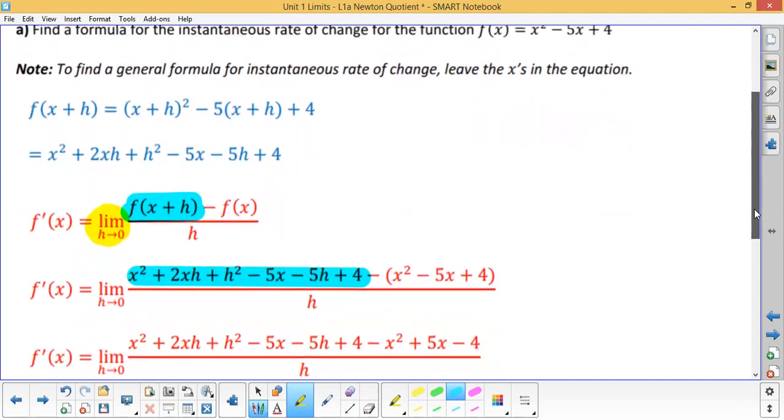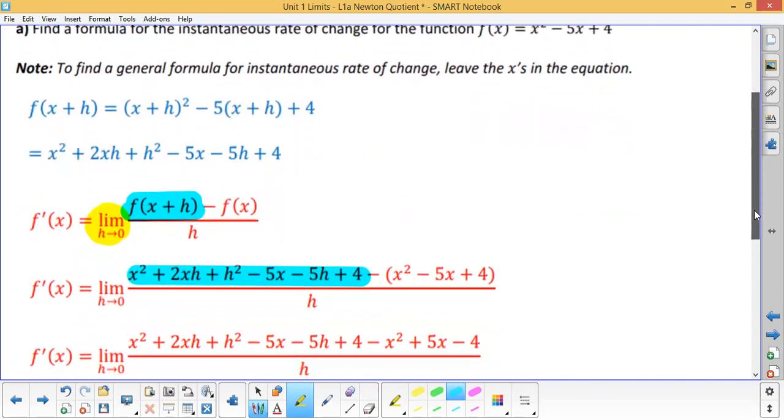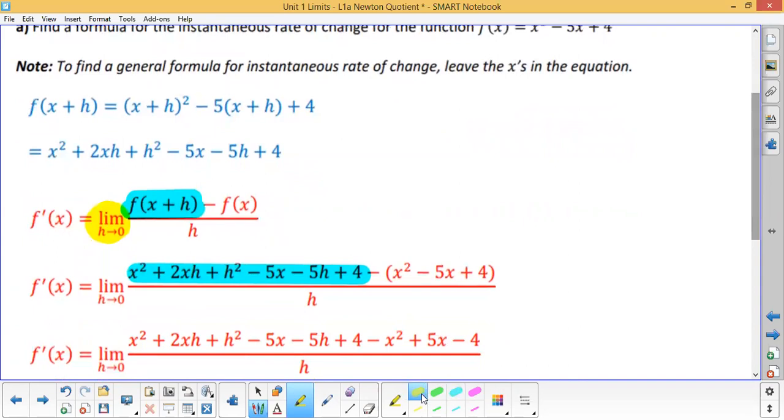So once we've simplified that part of the equation, you have to remember to distribute this negative. Notice that by distributing the negative, it's minus f of x, so every term in f of x has changed signs.